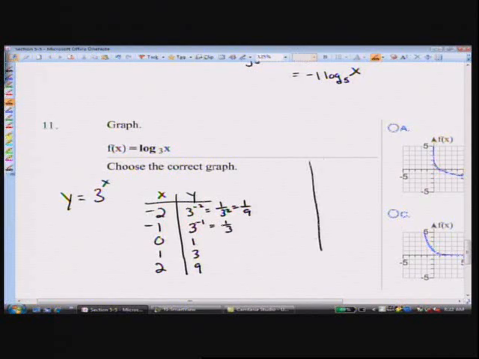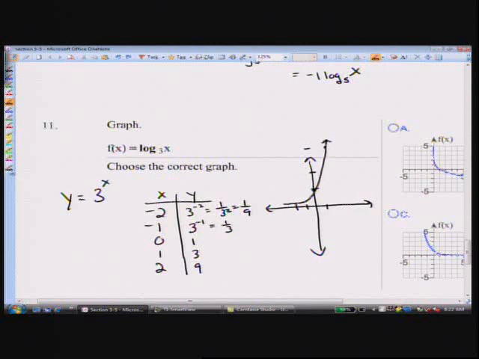So if you plotted the exponential function y equals 3 to the x, you'd have negative 2, 1/9, negative 1, 1/3, 0, 1, 1, 3. And anyway, that's enough points to get us going.